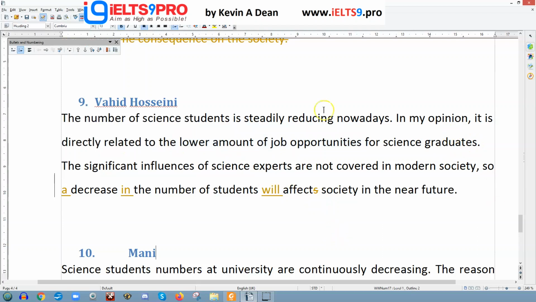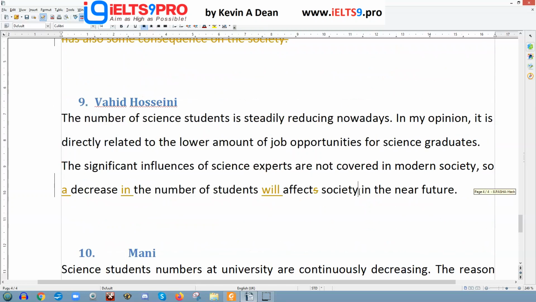Question 2, will affect society. It could tell me how, a little bit better, what the effect will be. It doesn't really say what that will be. Will it be a positive effect? Presumably a negative one. So that could be a little more specific, but still, that's what you need.